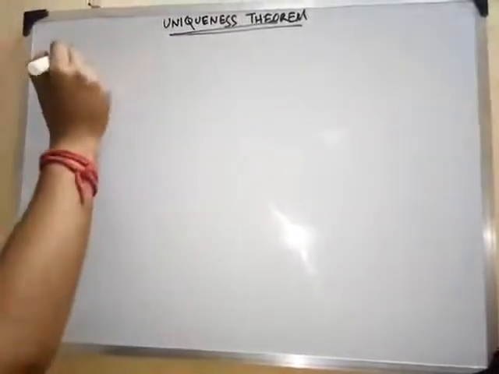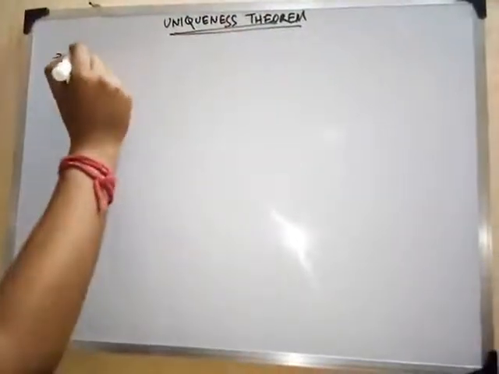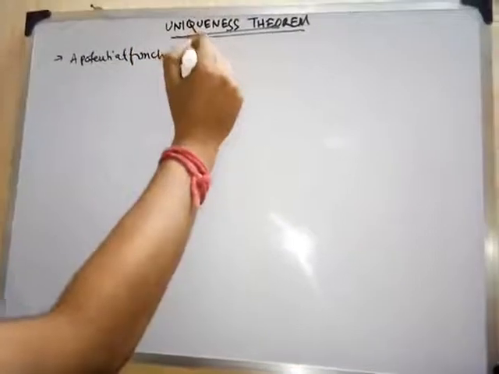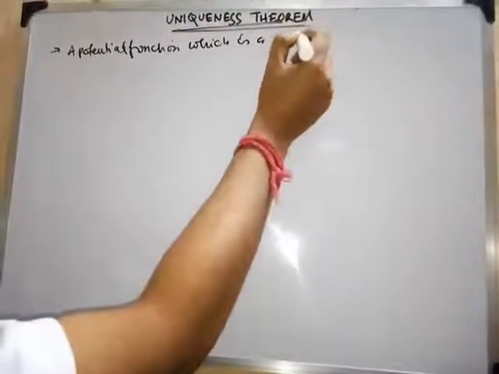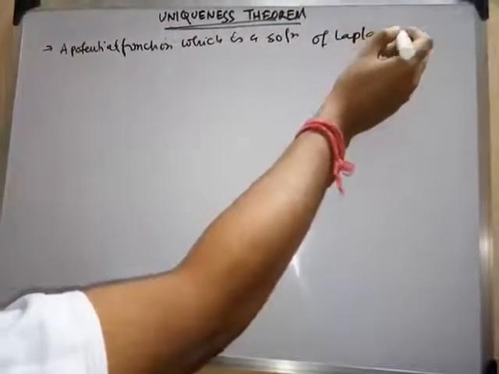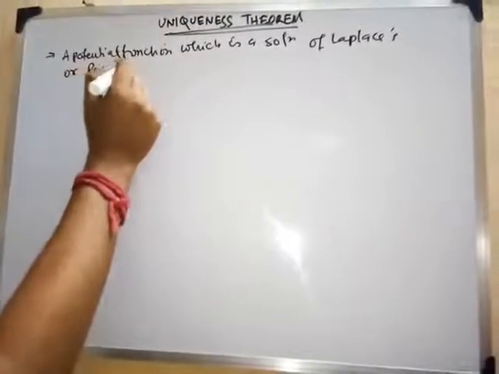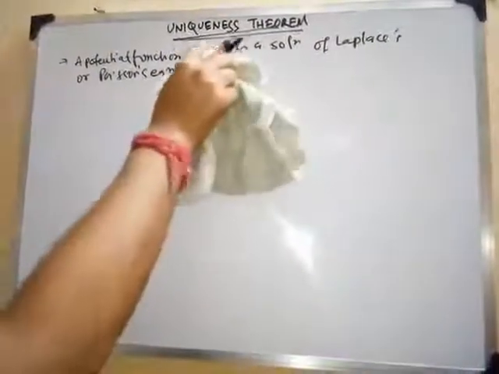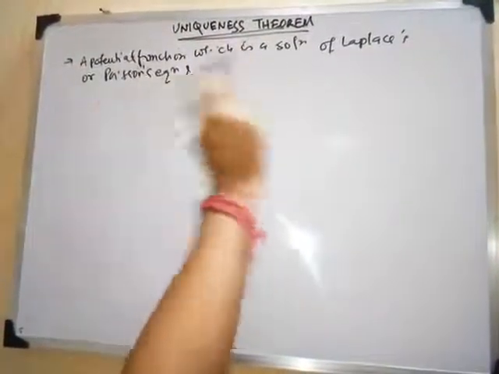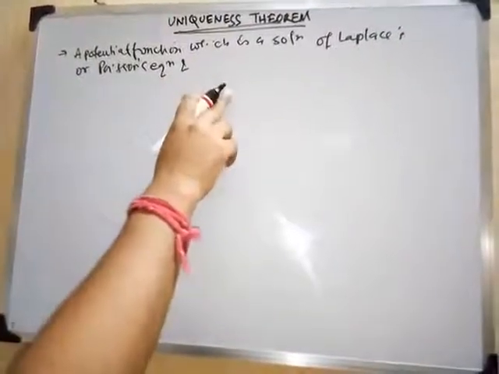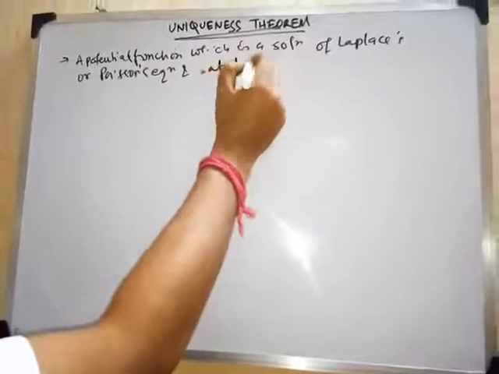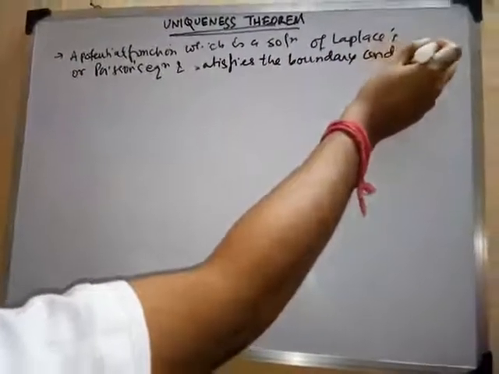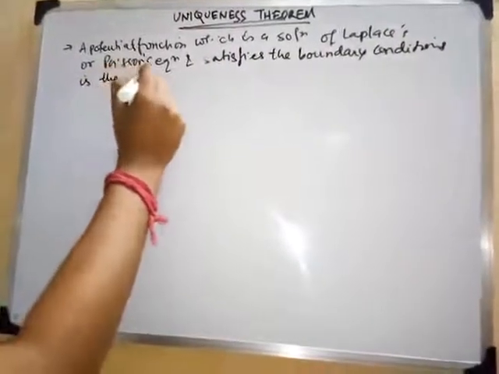So let us write it for your sake. As per this uniqueness theorem, a potential function which is a solution of Laplace or Poisson equation and satisfies the boundary conditions is the only solution, right?